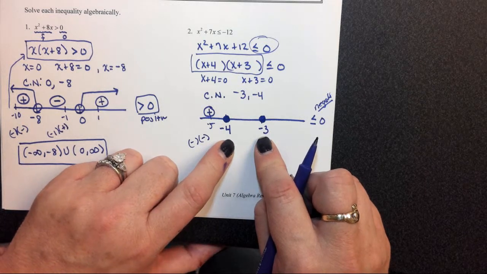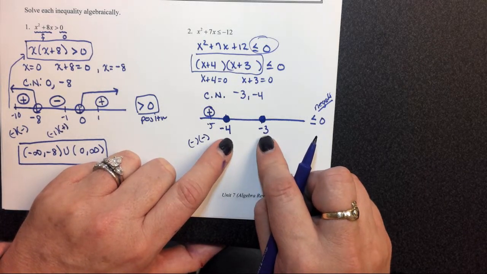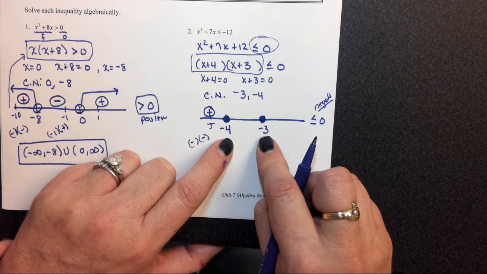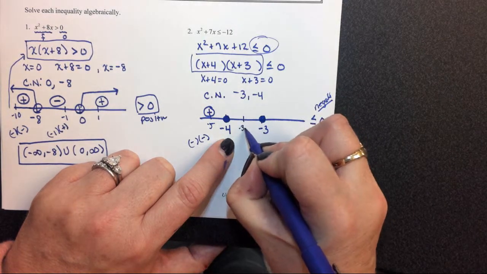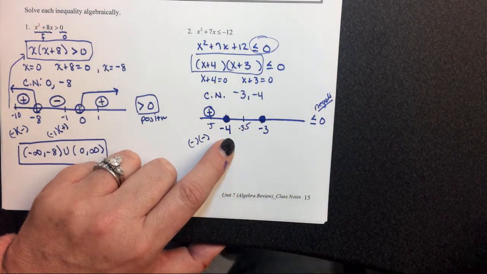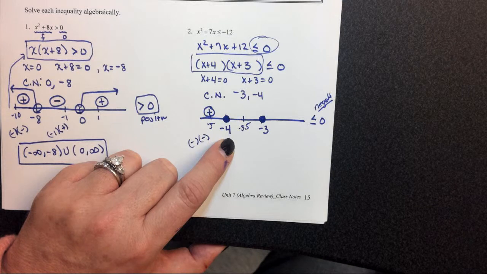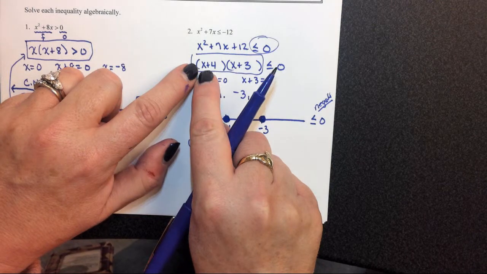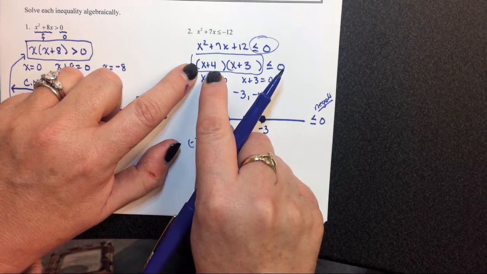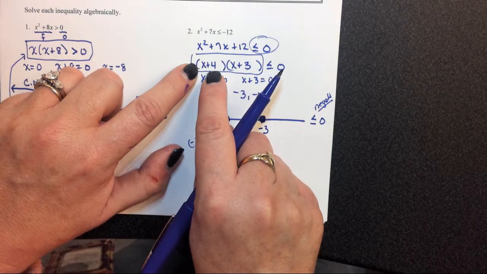So now I've got to pick a number between negative 4 and negative 3. Unfortunately, you're going to have to pick a decimal. The best one to probably use is negative 3.5. This is why it's critical: we don't care what the actual number is. All I care about is if it's going to be a positive or a negative. If I plug negative 3.5 in for x, negative 3.5 plus 4, would that be positive or negative?